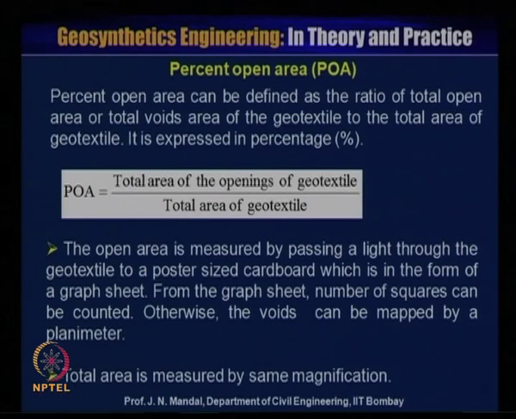Now, the open area is measured by passing light through the geotextile onto a poster size cardboard, in the form of a graph sheet. From the graph sheet, the number of squares can be counted. Otherwise, the void can be mapped by a planimeter. So total area is measured at the same magnification.